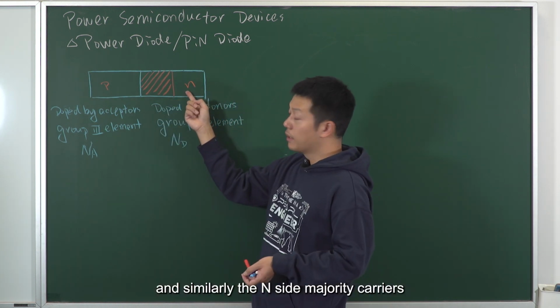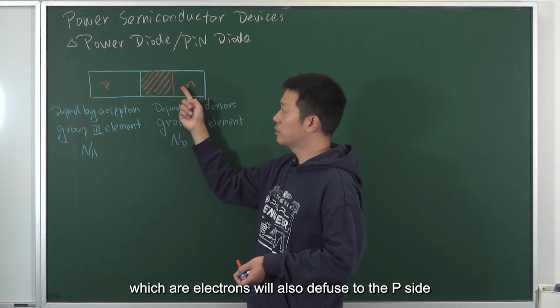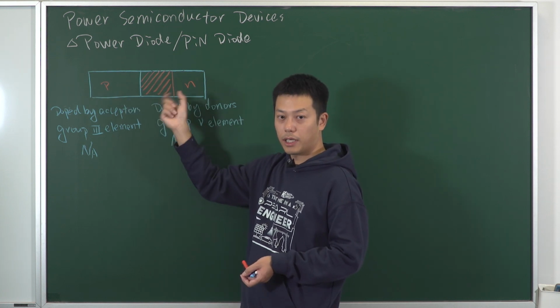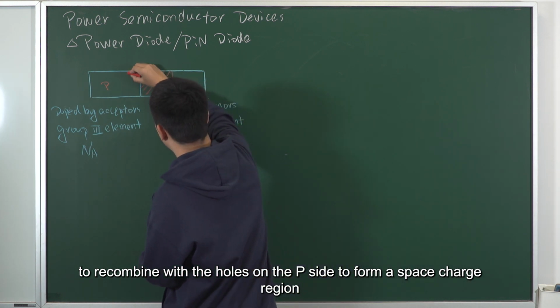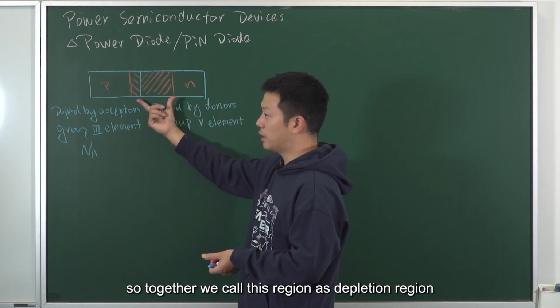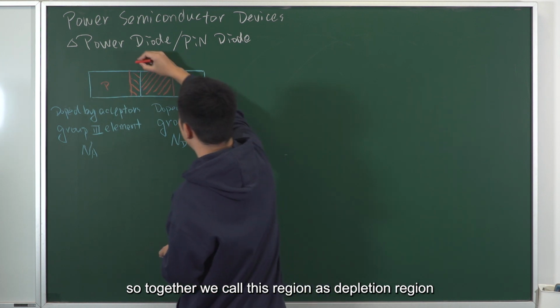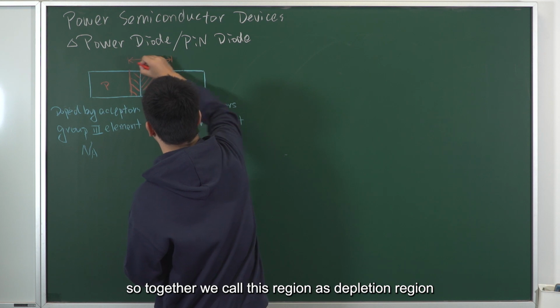Similarly, the N side majority carriers, which are electrons, will also diffuse to the p side to recombine with the holes on the p side to form a space charge region. Together we call this region the depletion region.